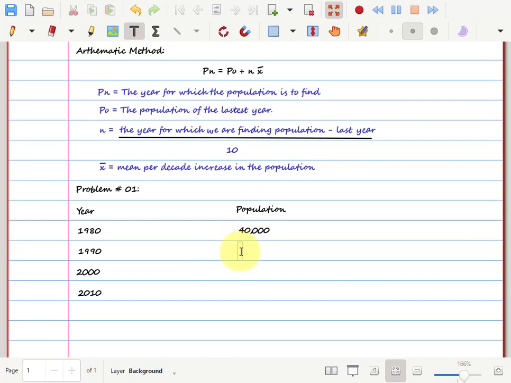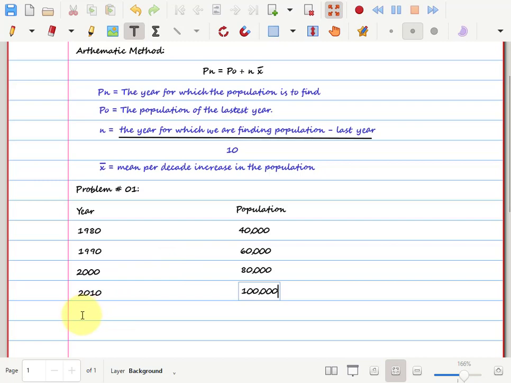In 1990 the population increased and it becomes 60,000. In 2000 the population further increased to 80,000, and in 2010 the population increased to 100,000.